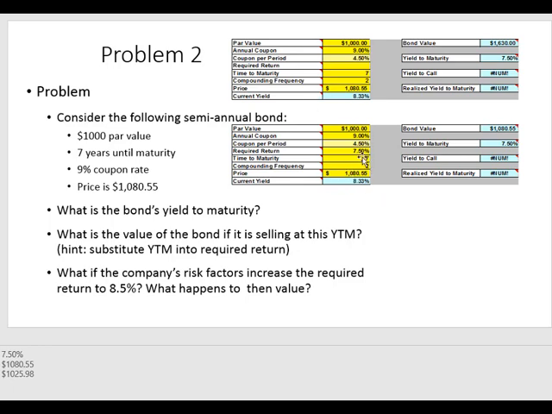First of all, you know that the value is going to decrease, because when risk goes up, return goes up, and that means the value goes down. The new value for this bond would be $1,025.98. So let's look at another problem.